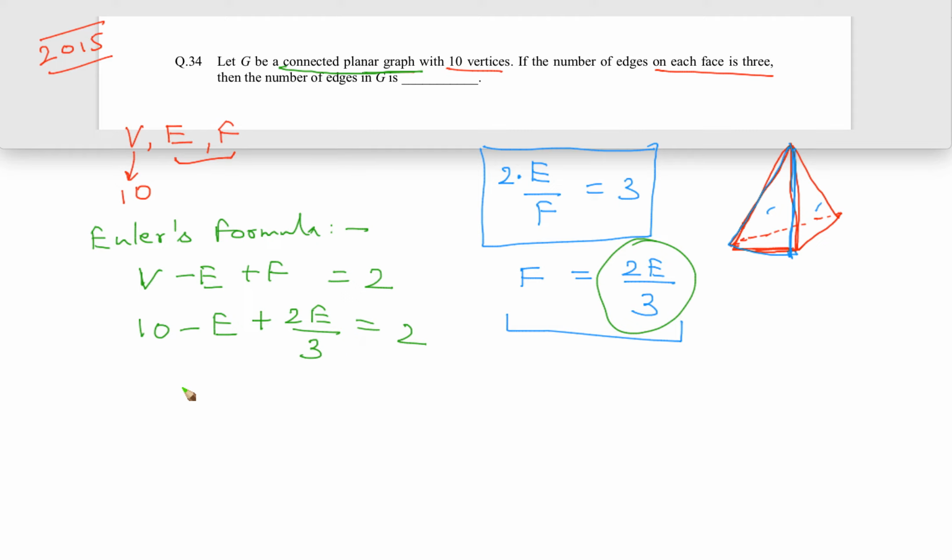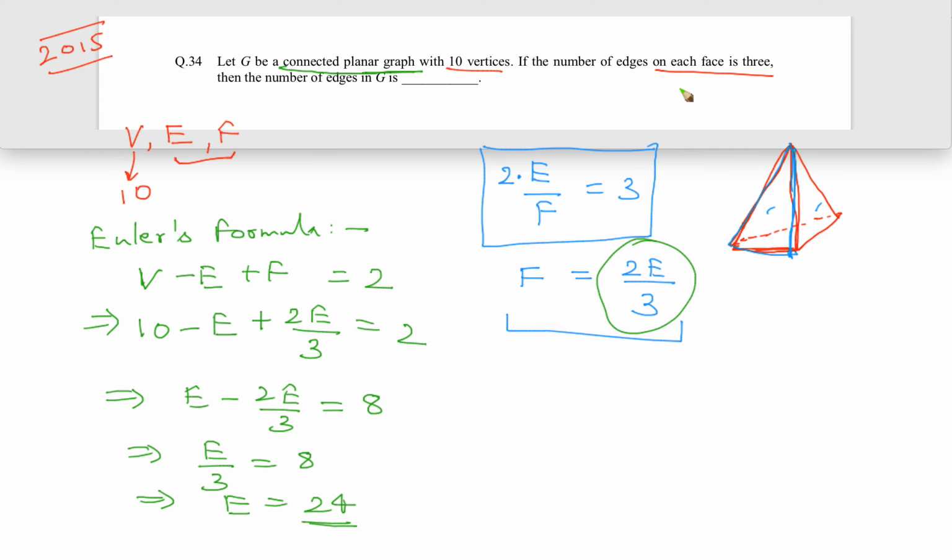Essentially, E minus 2E by 3 is equal to 8, which means that E by 3 is equal to 8, and which gives us the number of edges as 24. They are asking only for the number of edges in G. The answer is 24.